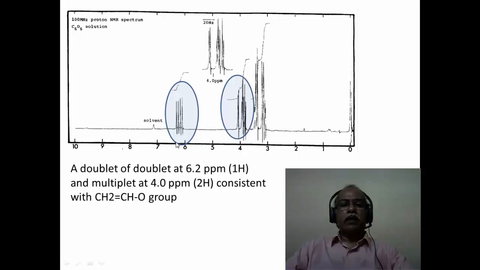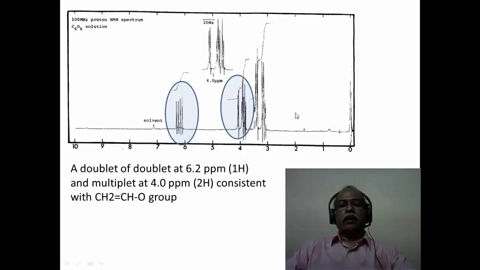The coupling constant between any adjacent lines would correspond to the cis coupling. The coupling constant between the center of lines 1 and 2 and the center of lines 3 and 4 would correspond to the trans coupling in this particular instance. This region is fairly complicated. It is a second order region. In fact, if you look at the integration, it corresponds to a 1:2 integral ratio for this compound.